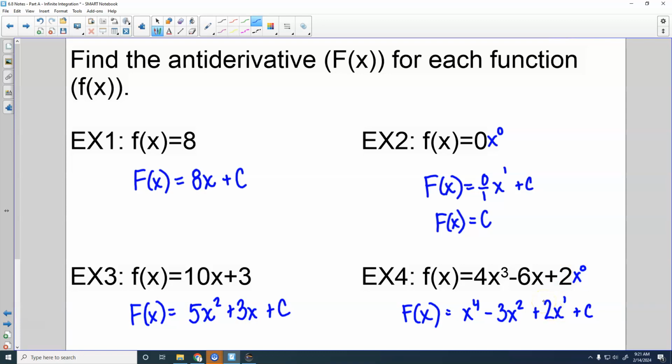What I usually find is that students do not have any trouble at all taking just a regular derivative until I teach them how to integrate. And then they may start halfway through just taking a derivative or integrating instead of the other. So be careful with these shortcut rules and make sure you know which way you're going with this.